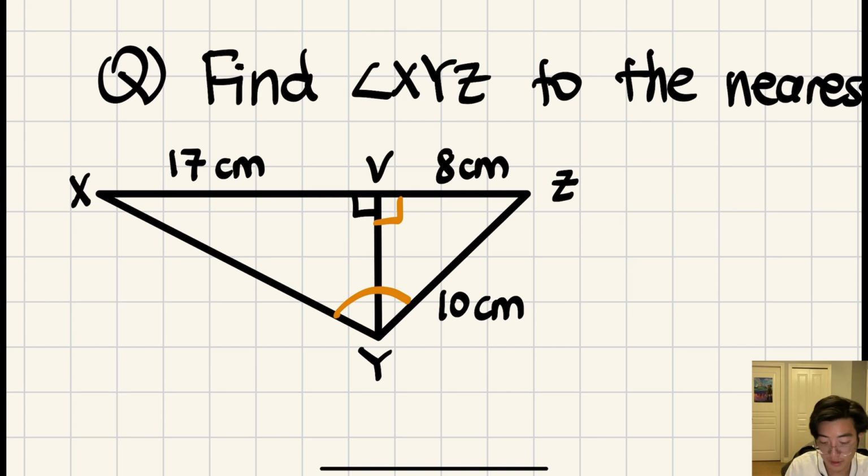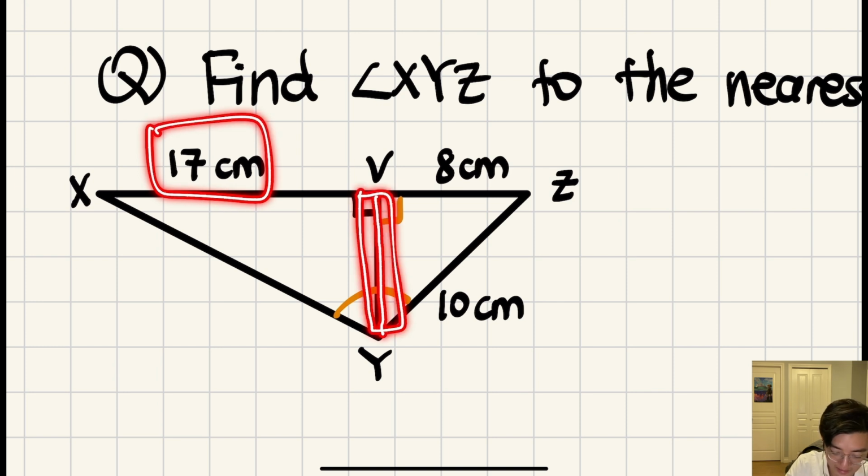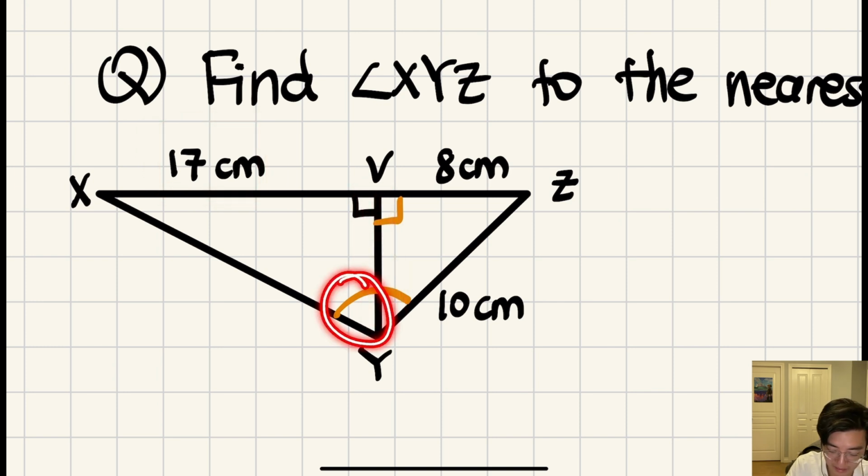Now we can find this angle right here using sine, because we have the line that's opposite to it and the hypotenuse right here. For this other triangle, we only have one measurement, so we can find the length of this line right here. Then we can use this line and this line to find the angle of this one.